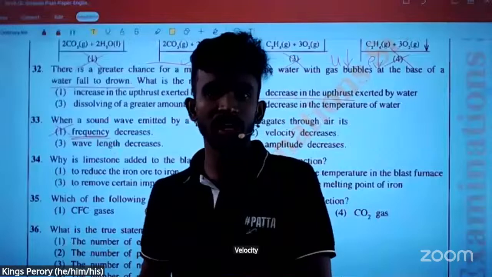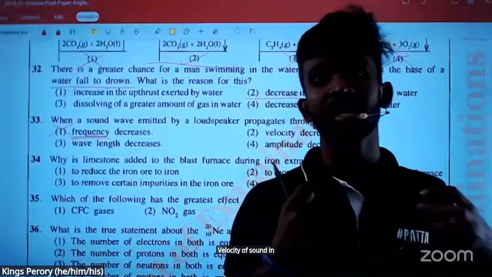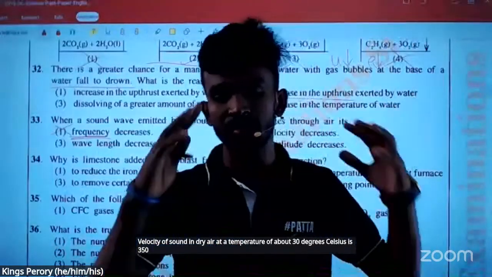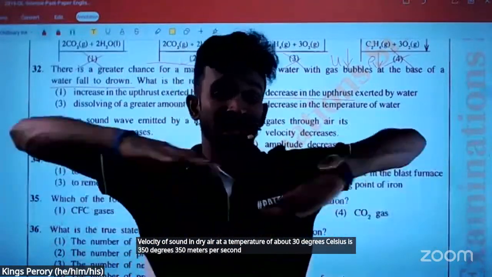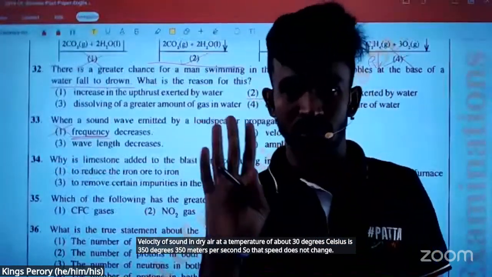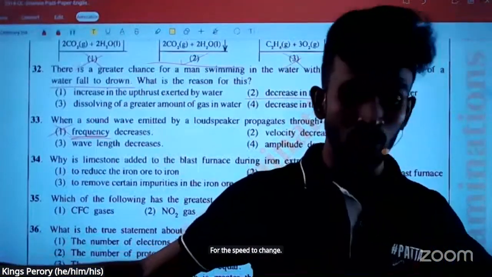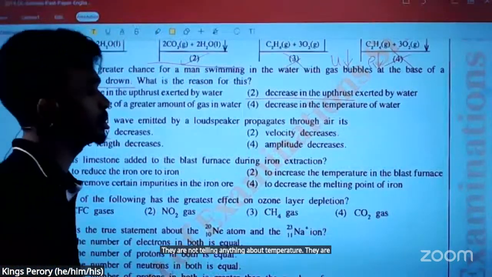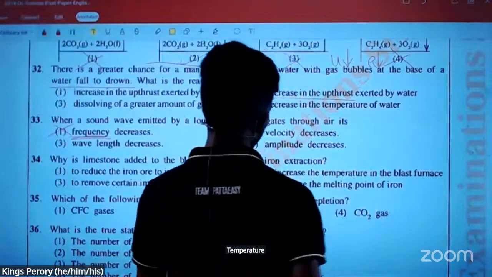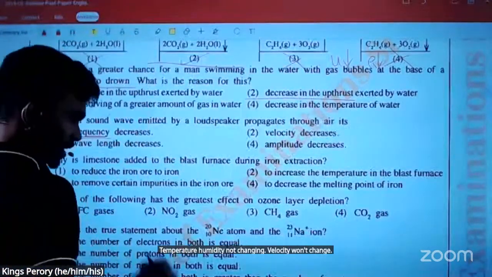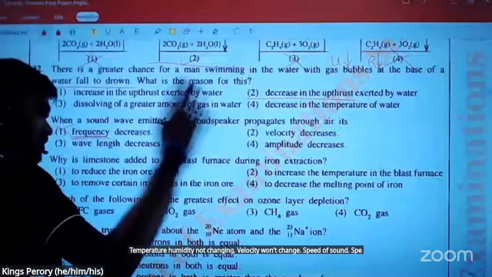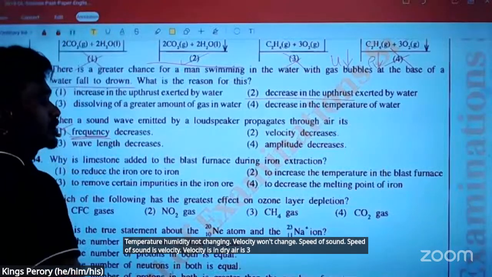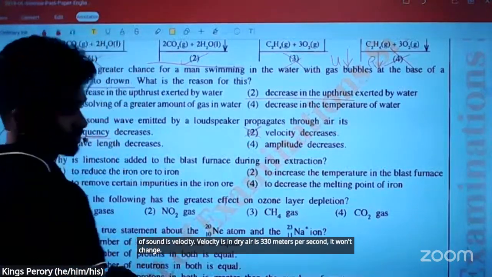At a temperature of about 30 degrees Celsius, it is 350 meters per second. So that speed does not change. For the speed to change, temperature or humidity should change. They are not telling anything about temperature or humidity. Temperature and humidity not changing, velocity won't change. Speed of sound in dry air is 330 meters per second. It won't change. That option is wrong. Keep that in mind.